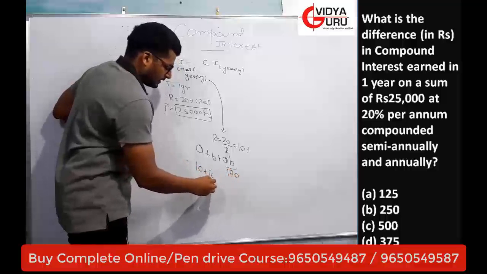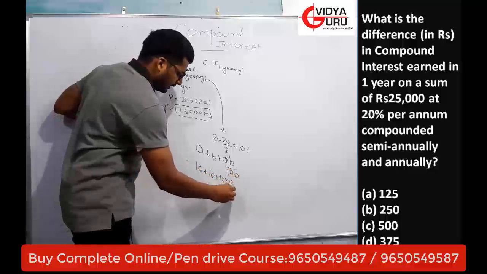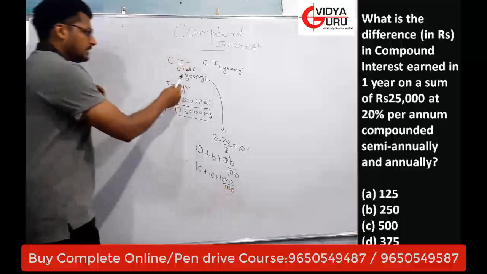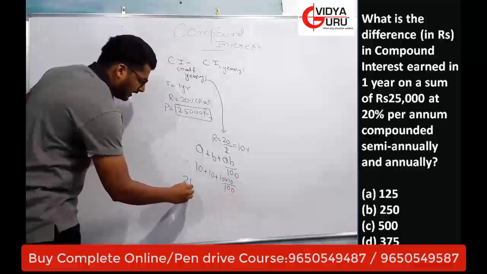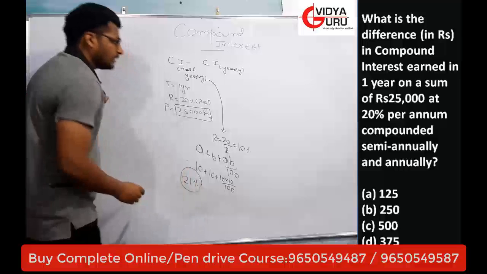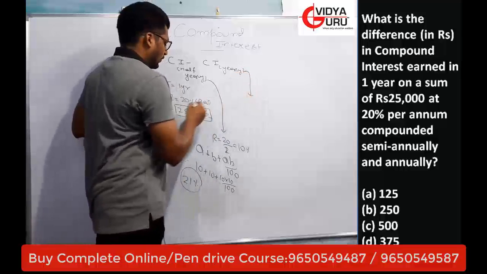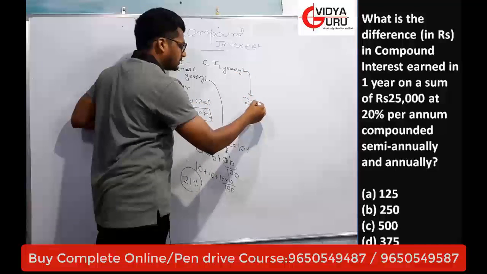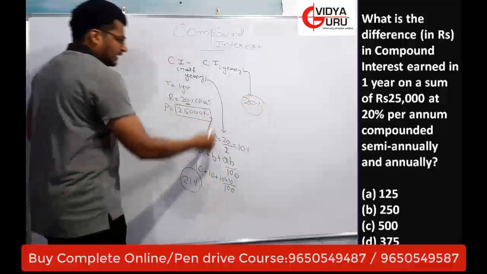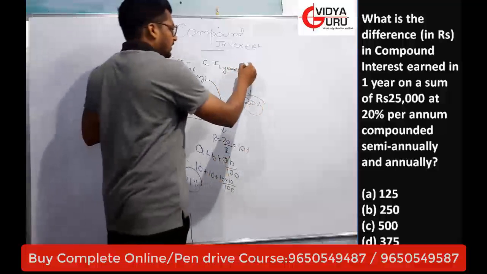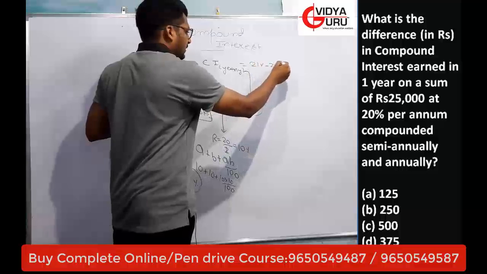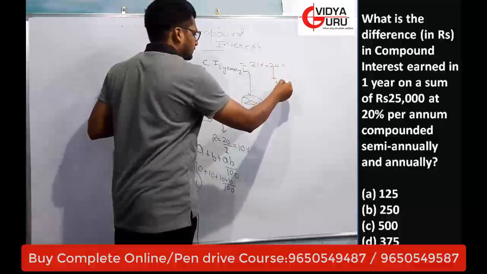That is 10 plus 10 plus 10 into 10 by 100. That means CI for 1 year half yearly will be 21%. And CI yearly for 1 year will be simply 20%. We need to find the difference of these, which is nothing but 21% minus 20% is 1%.